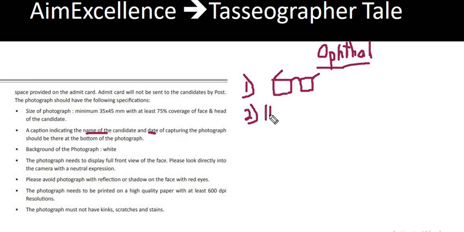hypertensive retinopathy. In hypertensive retinopathy, you have to be aware of Salus sign, Bonnet sign, and Gunn sign.